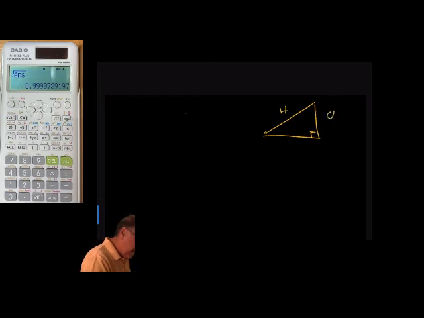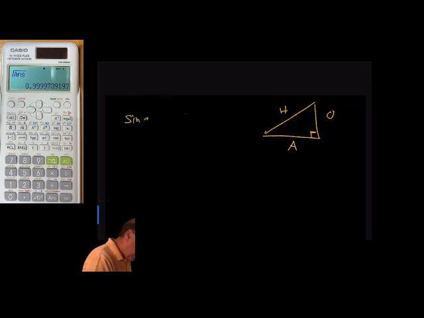So let's finish today with a discussion of trigonometry. So let's draw a triangle here, a right triangle. Always has to be a right triangle. I know that's not very straight, but that's a right angle there, if you can imagine that. So we have the hypotenuse, we have the opposite side, and the adjacent side.